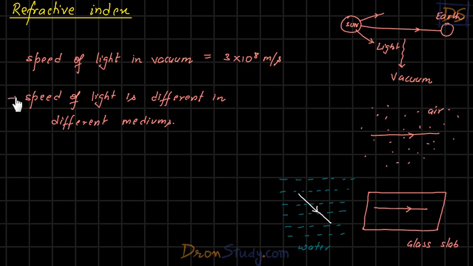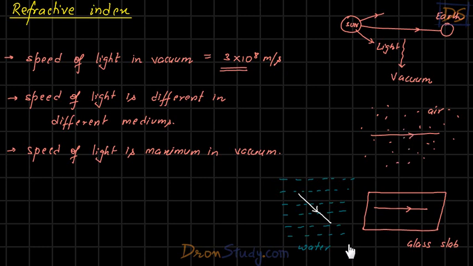Another important point is the speed of light is maximum in vacuum. We have seen that the speed of light in vacuum is 3 into 10 to the power 8 meter per second. And that is the maximum possible speed of light. When light travels in any other medium, its speed is less.